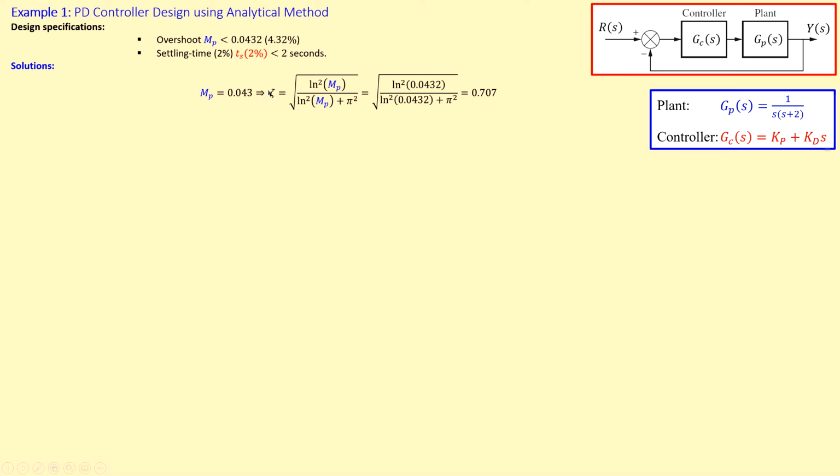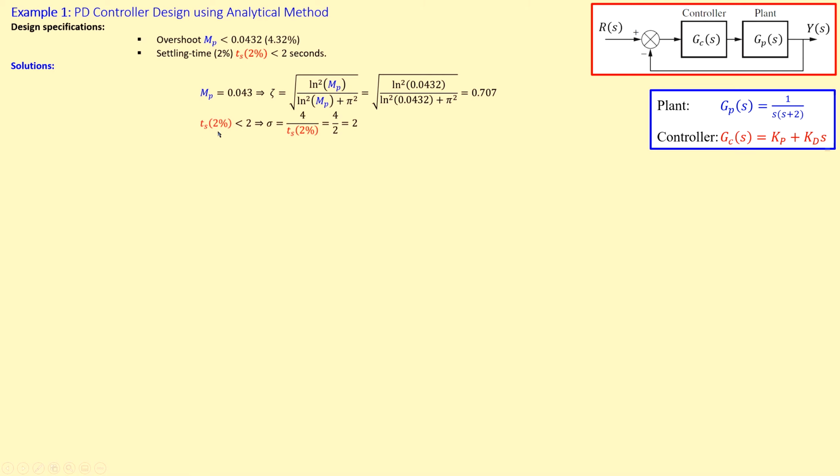The damping ratio is related to the overshoot in a pure second order system using this formula. You can rewrite this and get the overshoot from zeta, but now from the overshoot you will get zeta. If you substitute the value of MP in this formula, you will get 0.707. That's what we have for zeta.